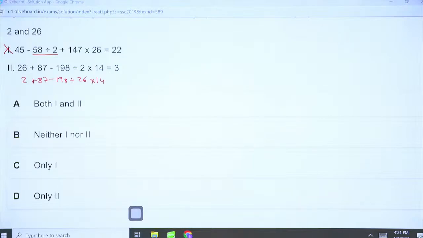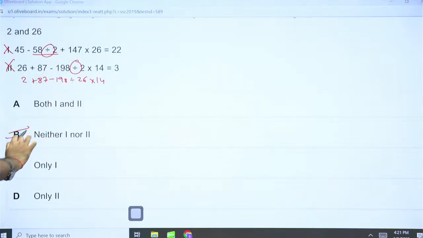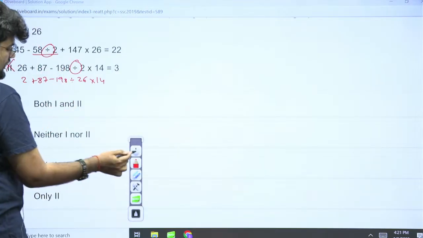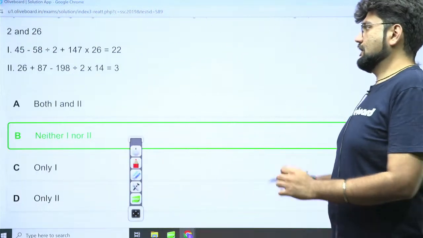So it's pretty easy. Even if we change it because of the division sign, we can conclude almost instantly that neither 1 nor 2 will be correct. Okay. Next.